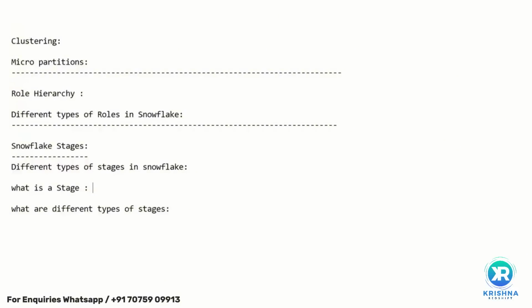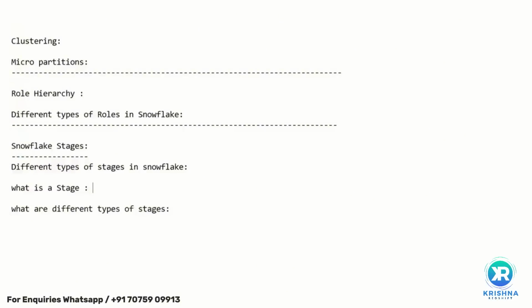So somewhere the source data is there, and from there you will pull the data into Snowflake and keep it there. That landing area is called stage. Stage is the location where we keep the files, or stage the files, for the purpose of loading into target tables.